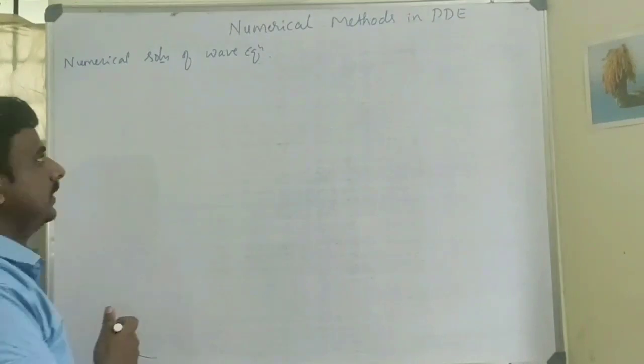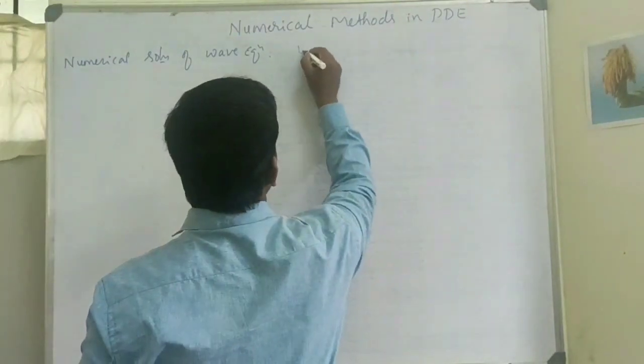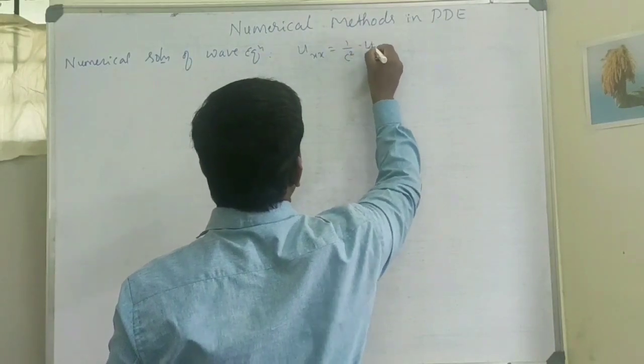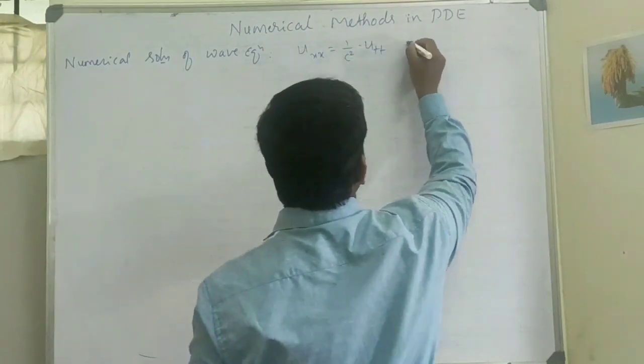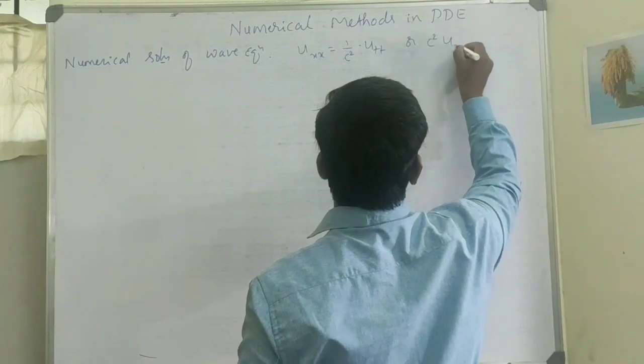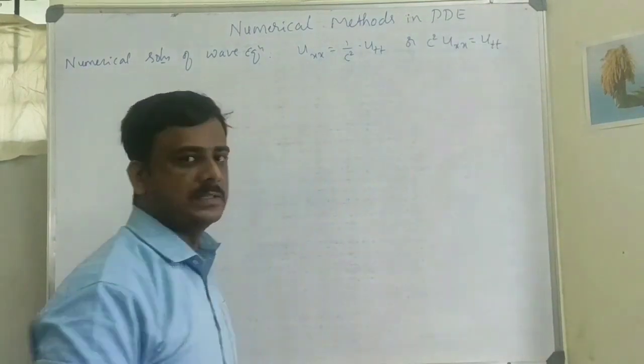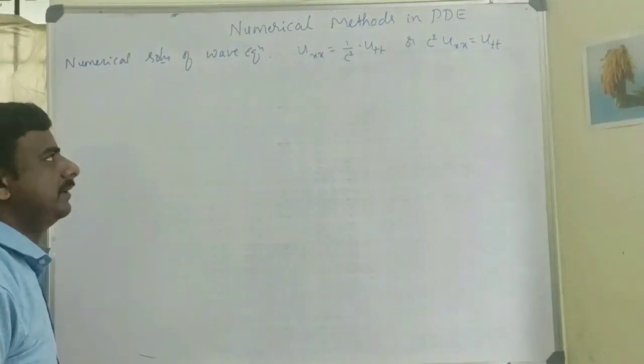As we have already seen, the standard form of the wave equation is u double x equal to 1 by c square into u double t, or c square u double x equal to u double t. That is the standard form of the wave equation.